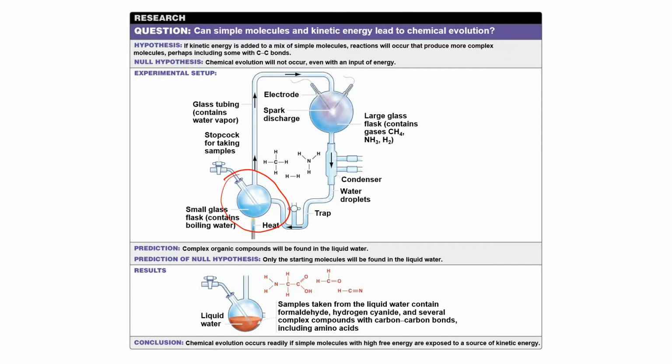That vapor is going to move up this tube and enter this large flask. In this flask, he has these electrodes, and these electrodes provide a nice little spark. Think of this spark as a kind of stimulant, there to get the whole process going. Chemical reactions need some kind of jump to move forward.